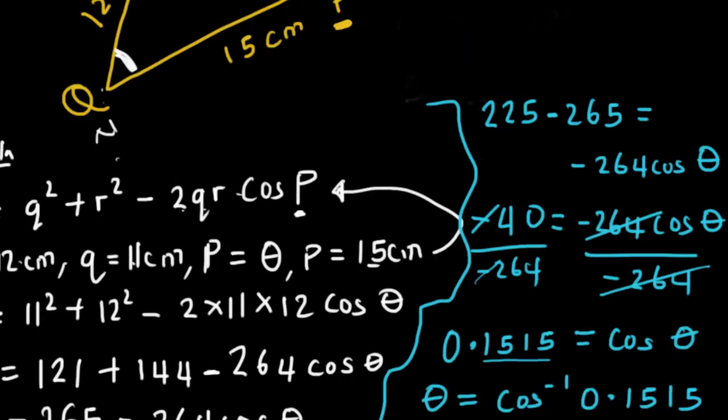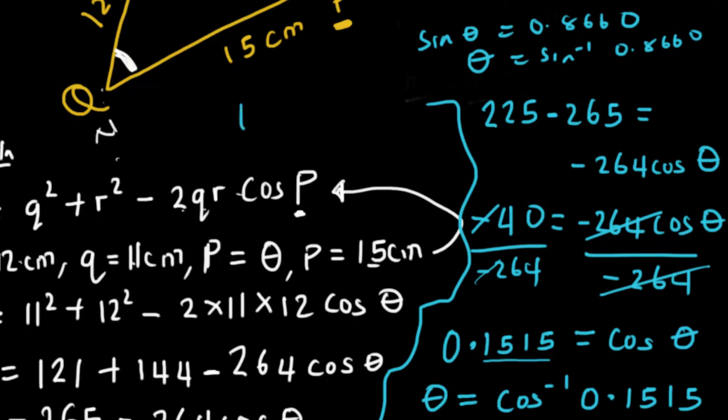Do you understand? So if you have sine theta equals 0.8660, to find theta, you do theta equals sine inverse of 0.8660. If you have, say, tan alpha equals 0.7071, to find alpha, all you need to do is alpha equals tan inverse of 0.7071.